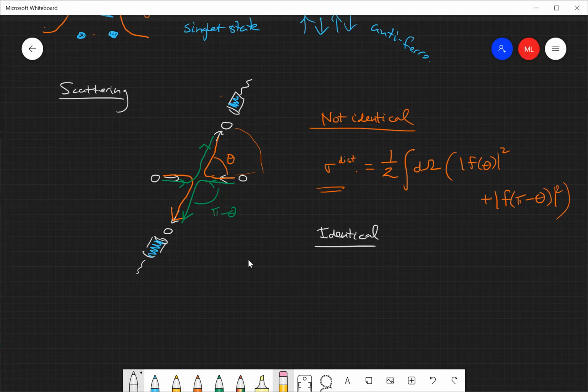In that case, your cross section, again integrating over all the detector directions, you would have to add the amplitudes together because both of those processes will interfere. So there'll be, of course, a cross term that describes the interference.